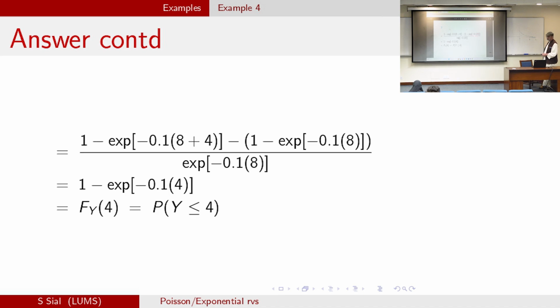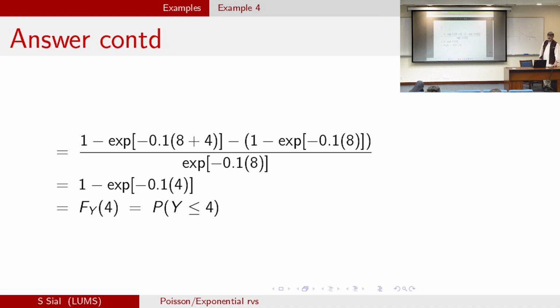That's your t over beta, with t being 8 and 12. Divided by the exponential of minus 0.1 times 8. Okay, so when I simplify all of this, I get this. But this is just the CDF at 4. So that's the probability that y is less than or equal to 4.